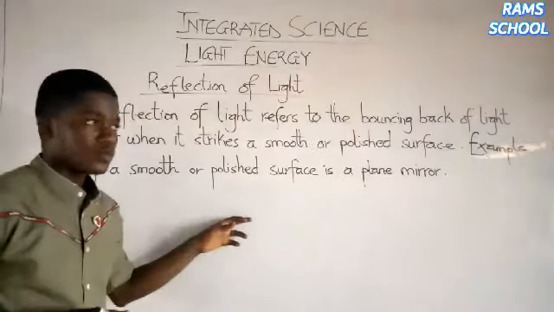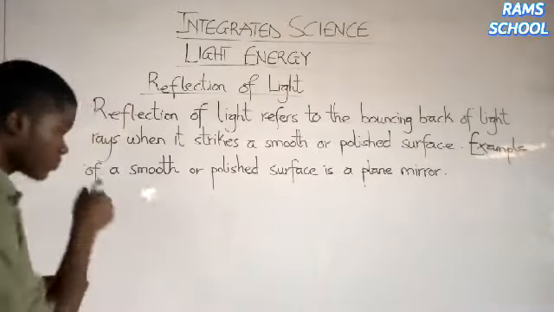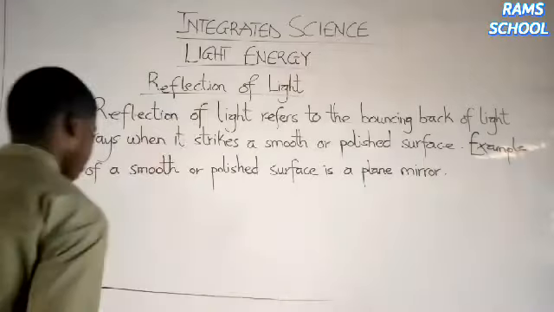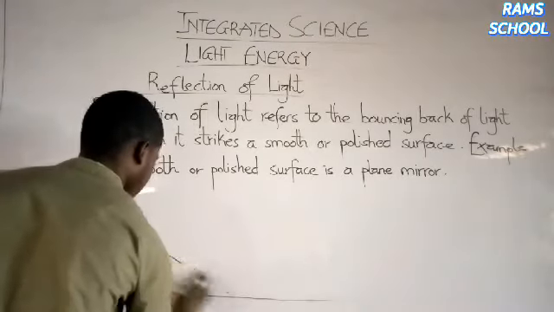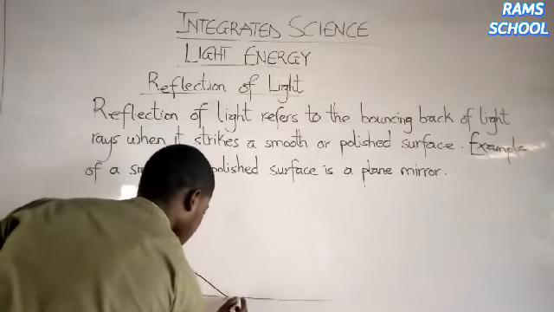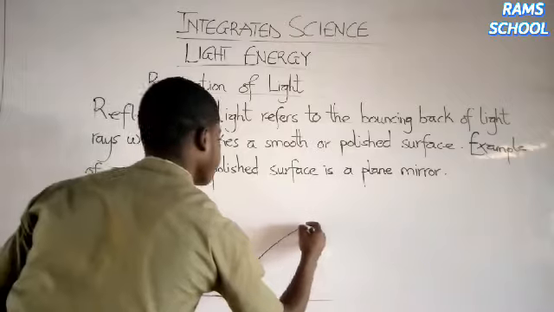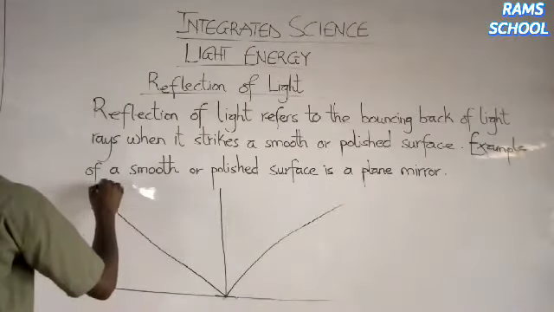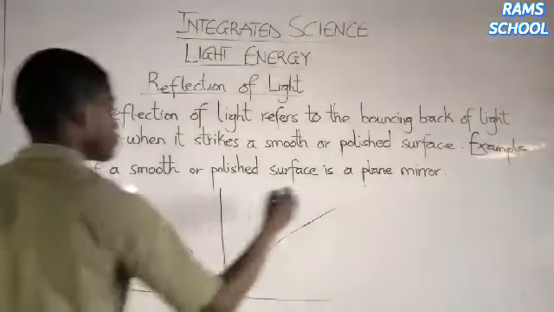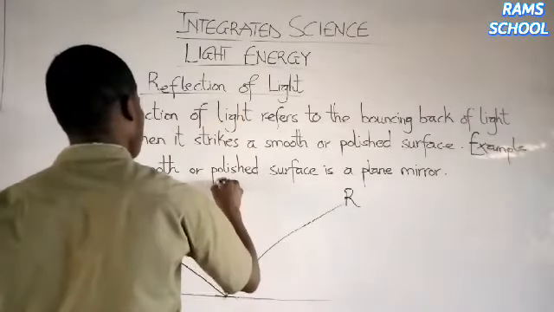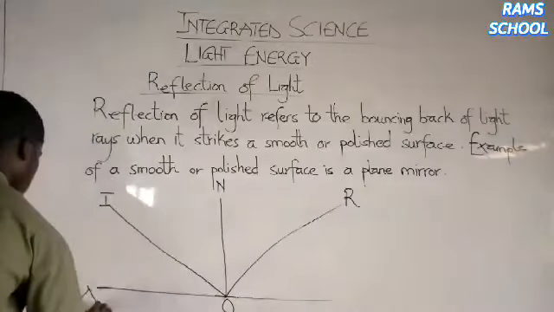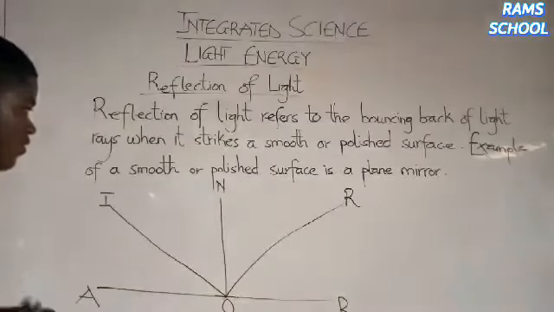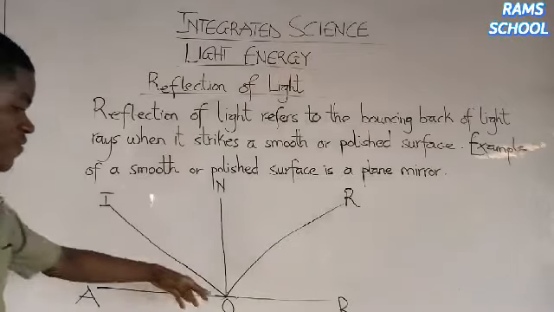The diagram will be shown on the board. This is the diagram of how light rays fall on a surface and then reflect.